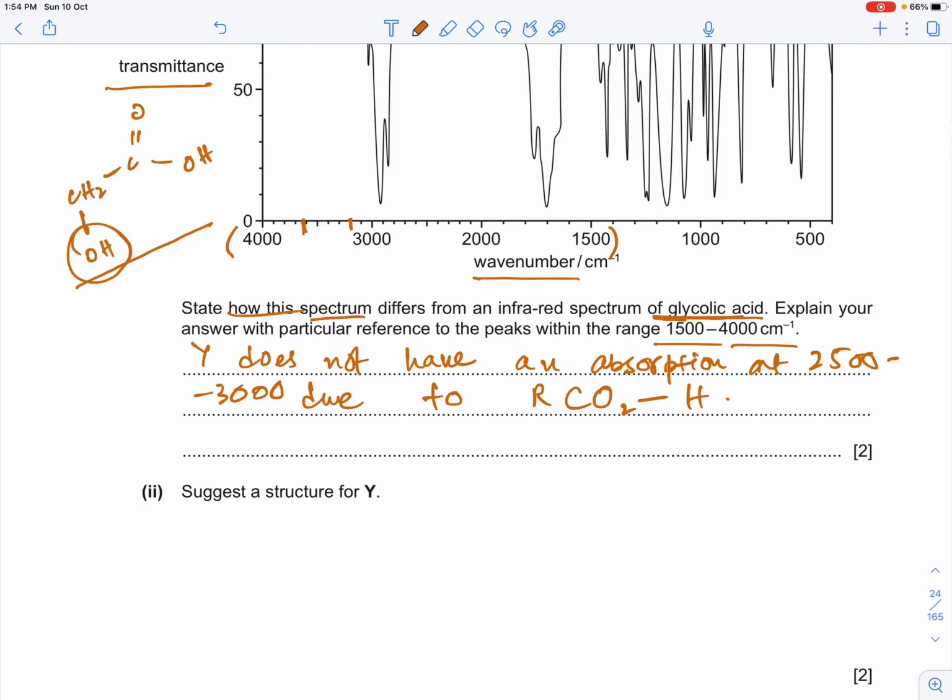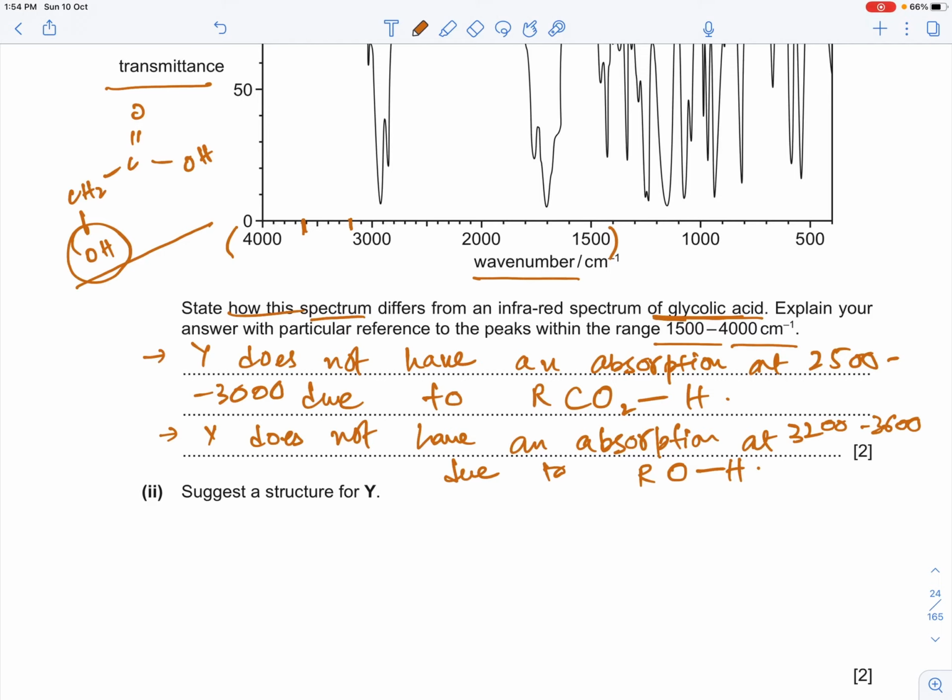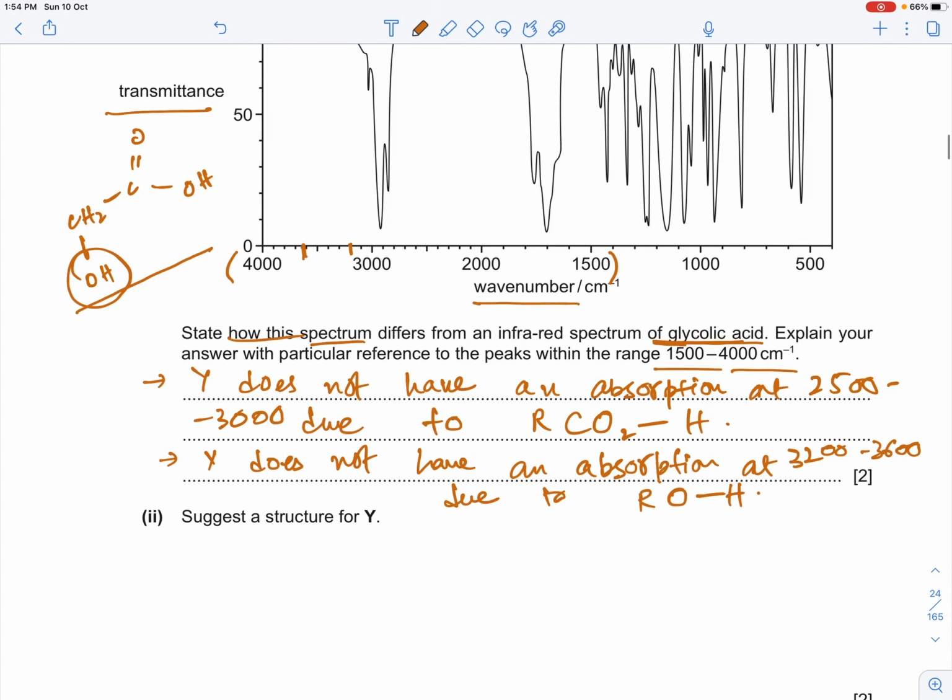So we can also say that this is one difference, and the other difference is Y does not have an absorption at 3200 to 3600 due to ROH. All right. So in terms of the peaks, we have determined what would be the difference between the IR spectra of Y and glycolic acid.